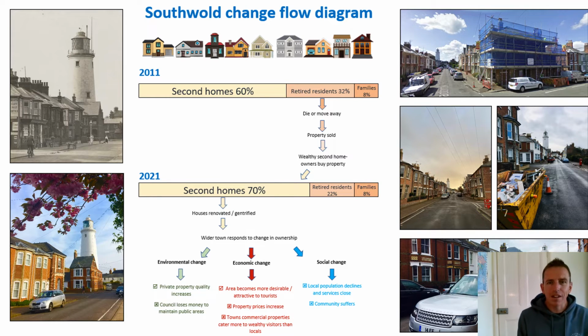It can be quite a weird place to be, because streets that should be full of people in terms of residential streets in the evening when people are coming home from work are actually abandoned and are empty, and there are no lights on in the houses in the evenings because people aren't living there permanently. So the community is definitely facing challenges, and this is as a result of the change and the movement towards increased second home ownership over the last 20 to 30 years.